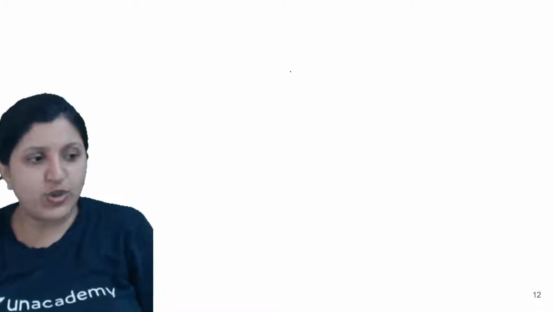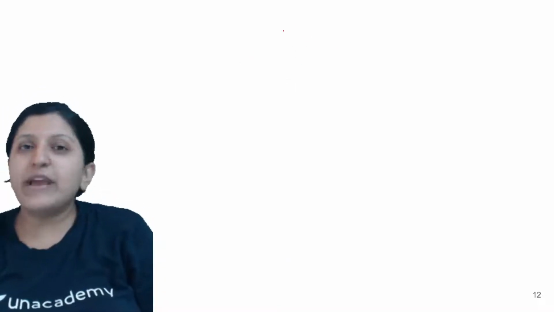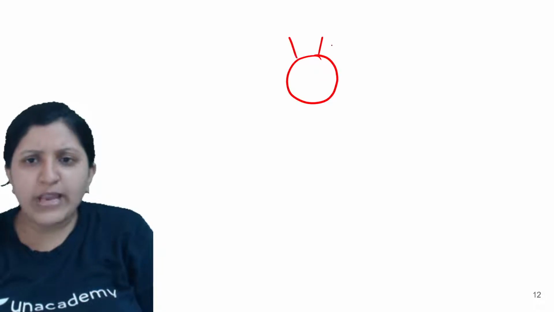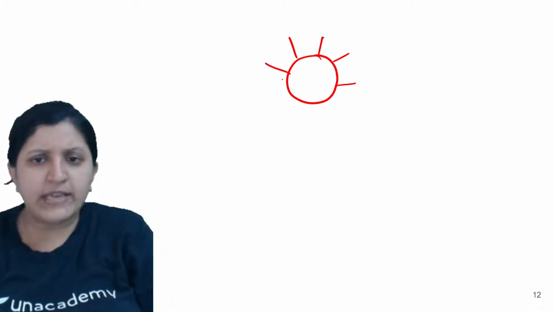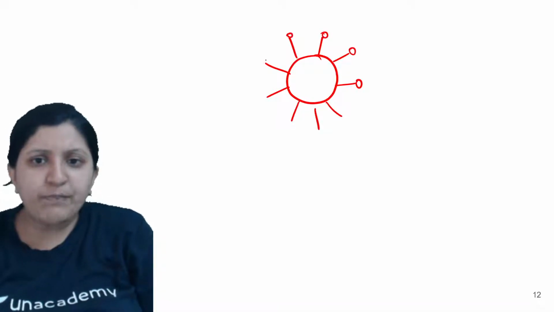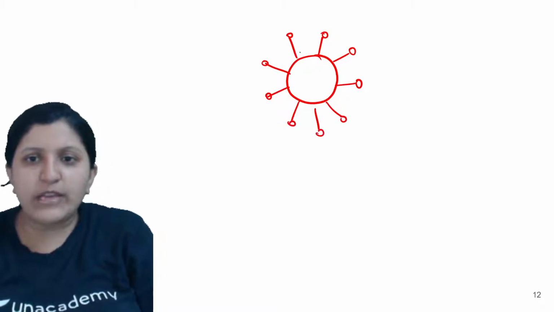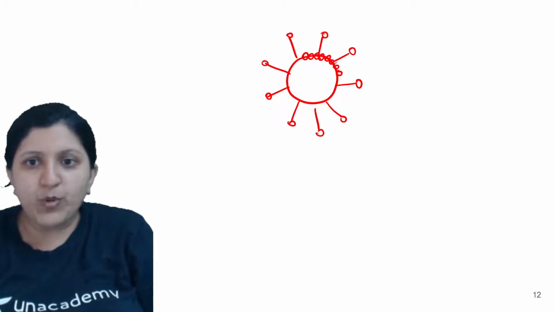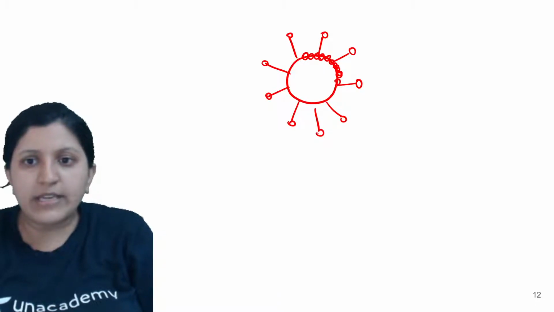In case of viruses, let's say it will have the antigen present on the surface. This could be the antigen, covered within a protein covering. This whole thing is made of many proteins as such.